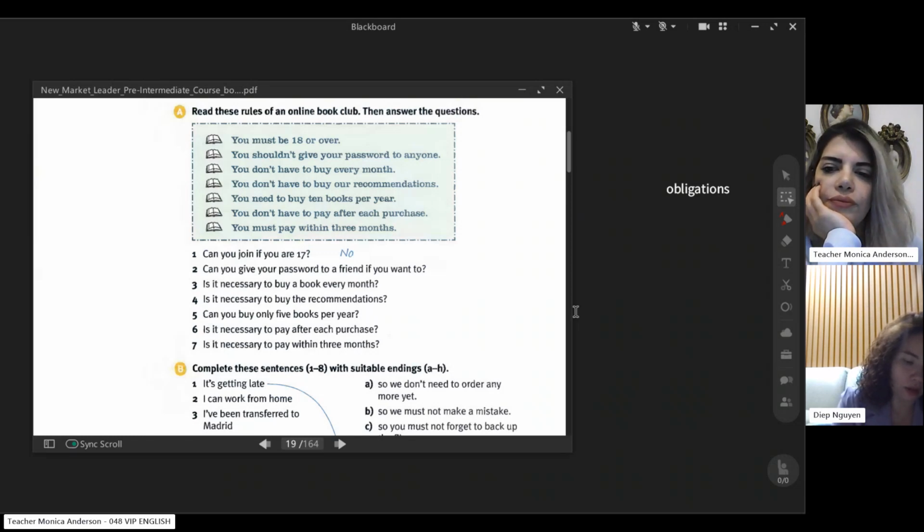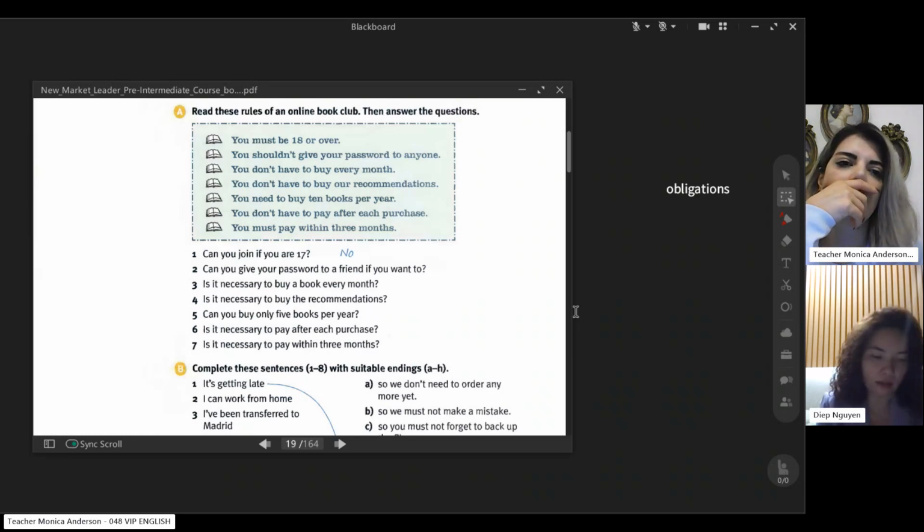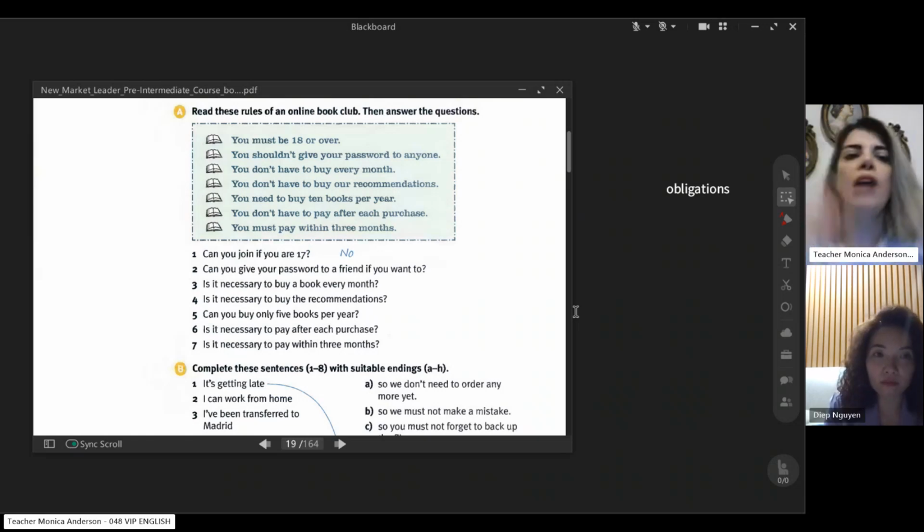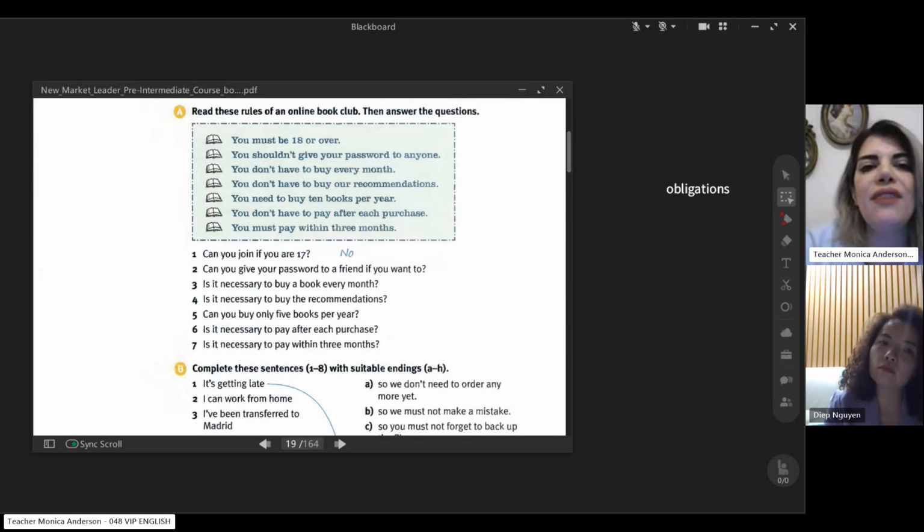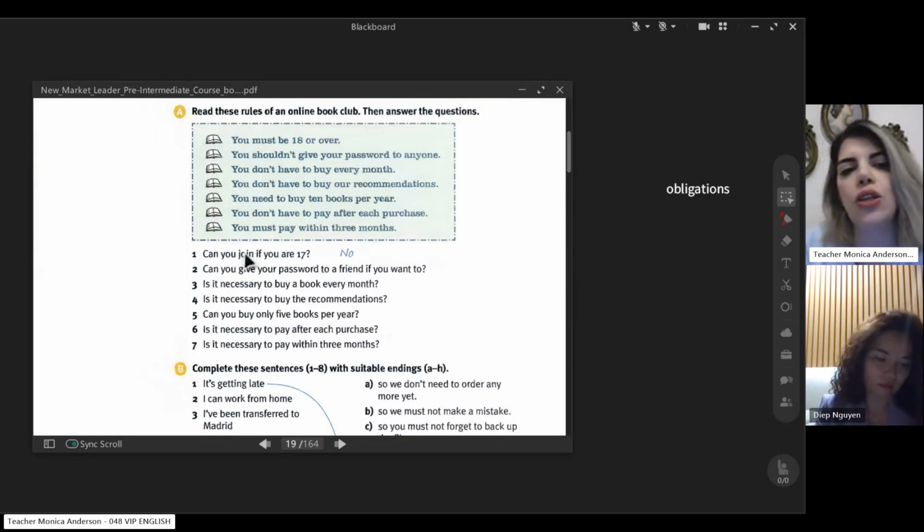So the first question is, can you join if you are 17? The answer is no. Can you give your password to a friend if you want to? Yes, of course, because of shouldn't, you can say yes, we can, but it's not good.